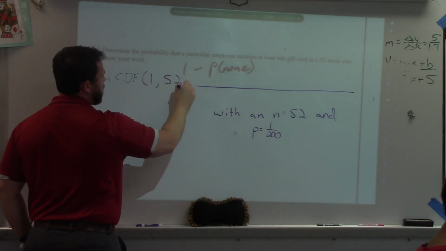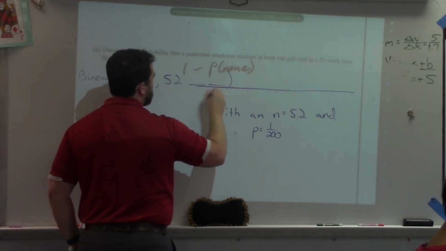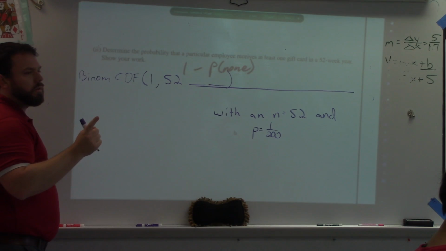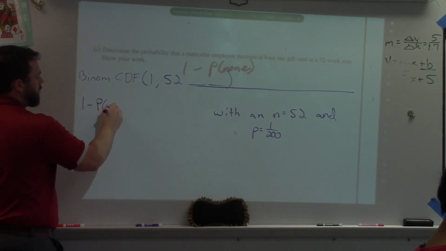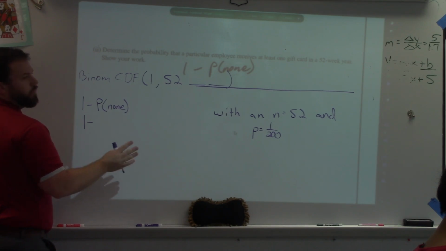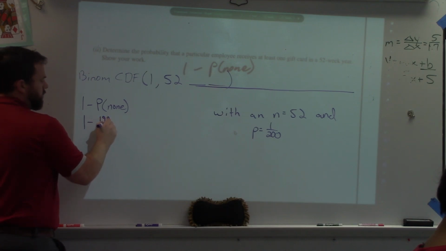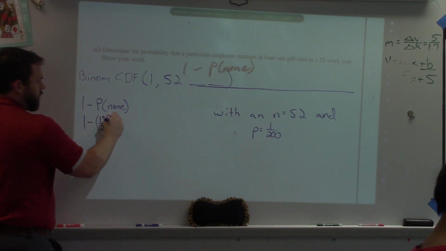They could win 1 or they could win 52, then put your trials and your probability in there. Or it could be 1 minus the probability of winning none. If it's at least 1, it's 1 minus the probability of none. What's the probability that they don't win at all? The chance that they don't win one is 199 out of 200, and then they don't win 52 times, so 199 over 200 to the 52nd power.